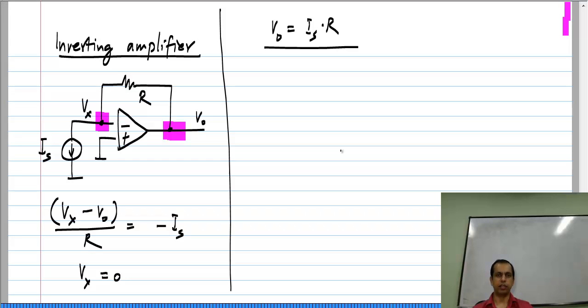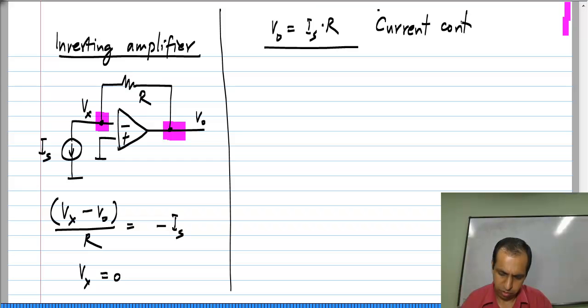The other standard circuit is the non-inverting op amp amplifier, which we have discussed earlier. Okay. Now, this has a current input and a voltage output, and this truly is a current controlled voltage source.